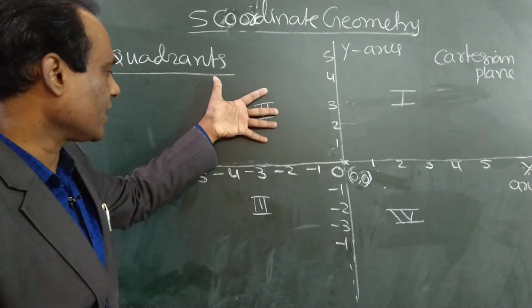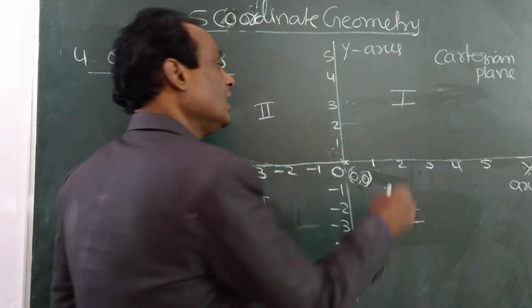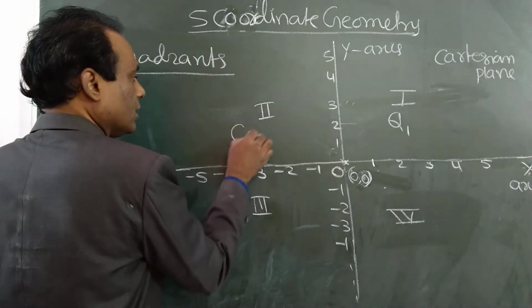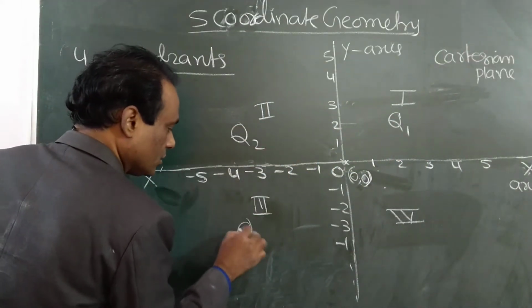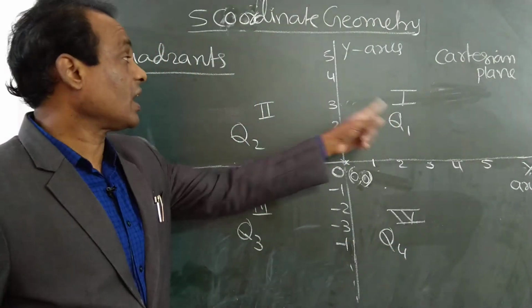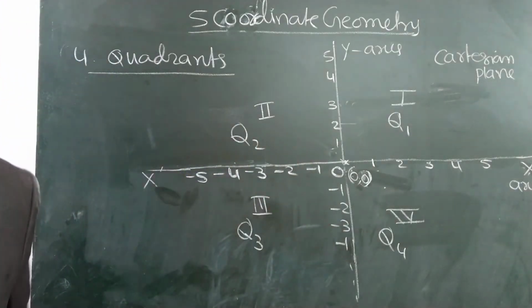These are called quadrants, generally denoted by Q. First quadrant, second quadrant, third quadrant, fourth quadrant. So these are the quadrants.